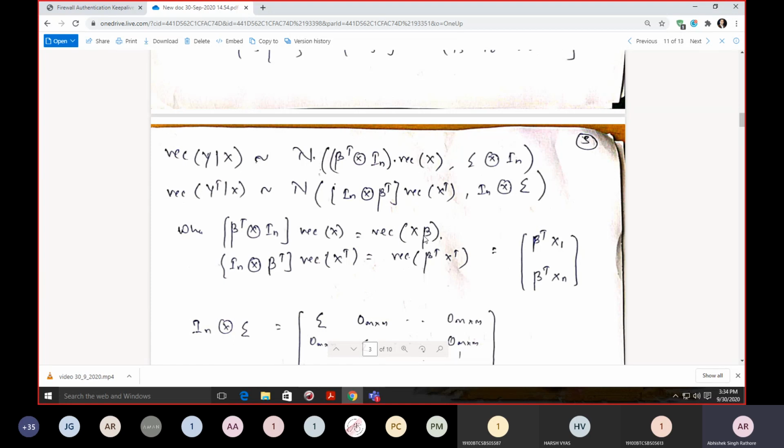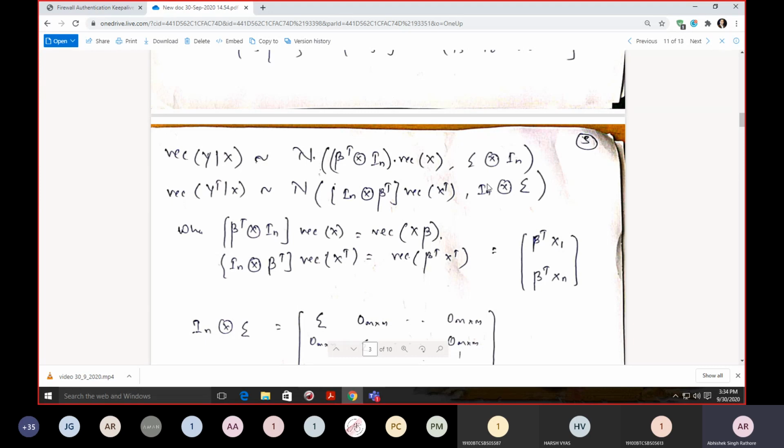So we will get x transpose beta transpose, or beta transpose into x transpose. When we are going to simplify this, we'll get this type of value. So these are the values. I'm just replacing this value, or the product of this value, into the covariance matrix, so In into the covariance matrix.